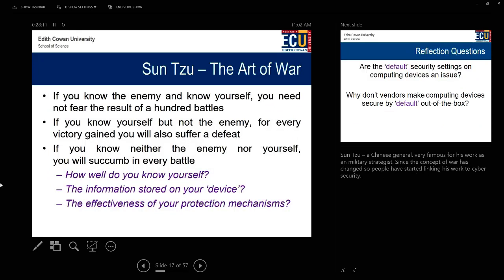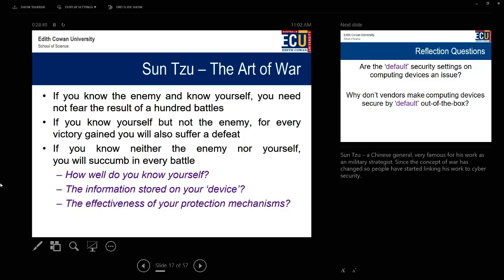Have you heard of this person, Sun Tzu? Sun Tzu was a famous Chinese general. He's famous for his book on the art of war. He has other publications as well, but the book that has got fame in the world is The Art of War.